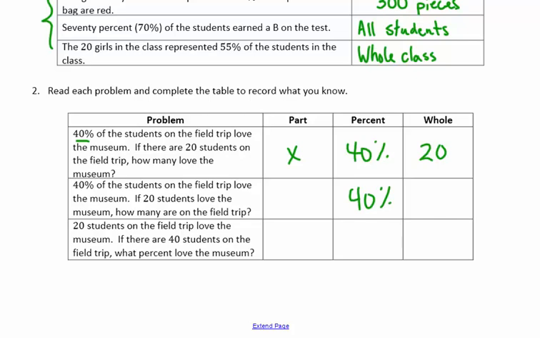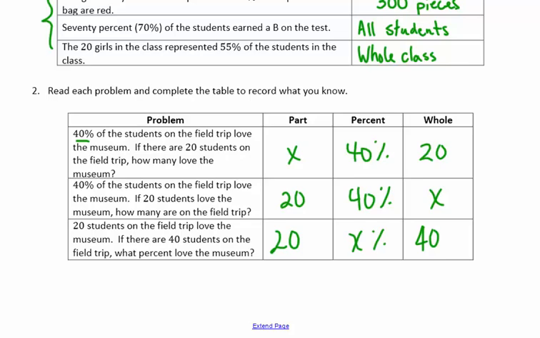If 20 students love the museum, so the 40% represents the 20. So that would be the part, and the whole this time is not known, so that would be X. 20 students on the field trip love the museum. If there are 40 students on the field trip, so the whole is 40, that's how many students total are on the field trip. 20 is the part that love the museum, and the percent is not known. So the way it's worded and all the time, your job, the hard part is deciphering what the part, the percent, and the whole is.